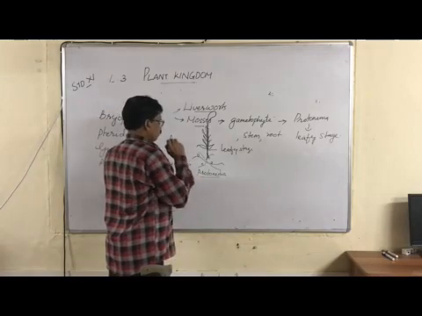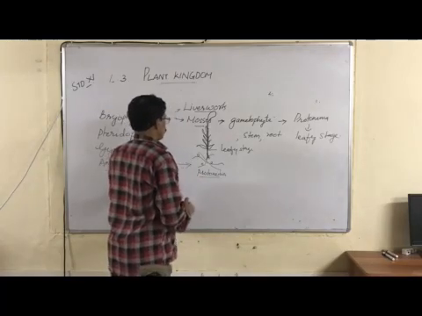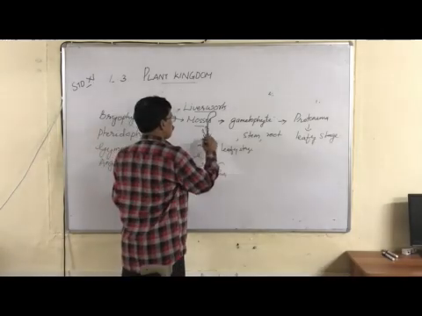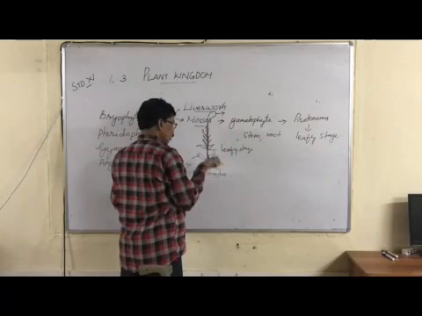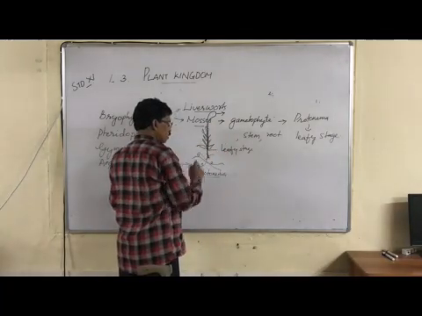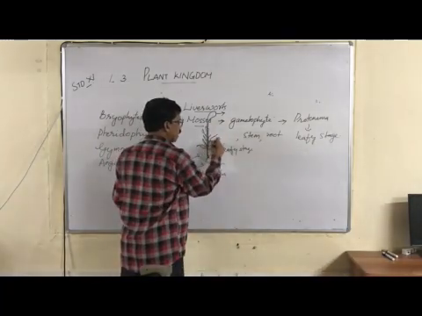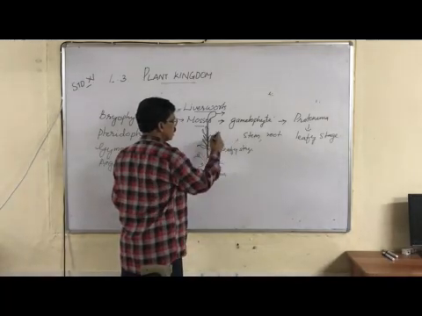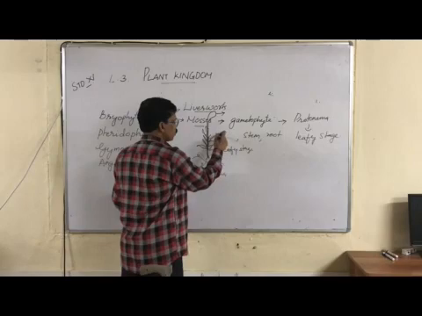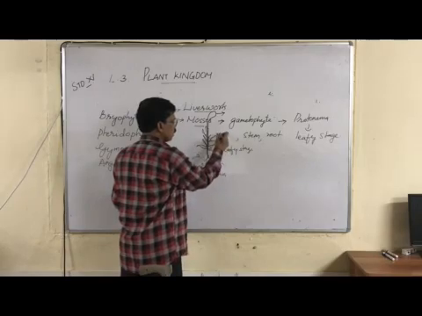Now, the leafy stage produces the sporophyte. Before the production of the sporophyte, the leafy stage produces antheridia and archegonia, which produce male and female gametes.